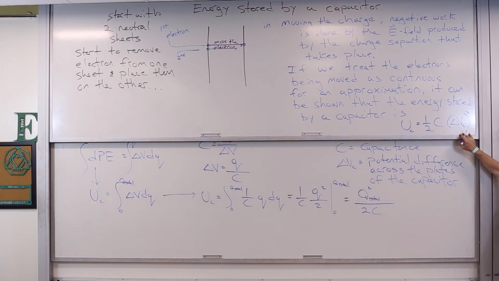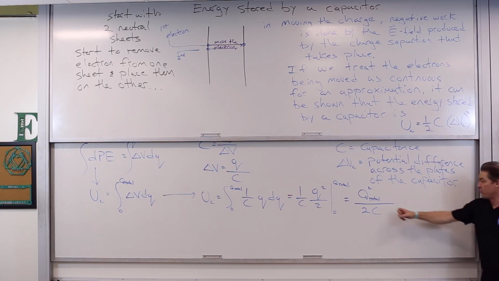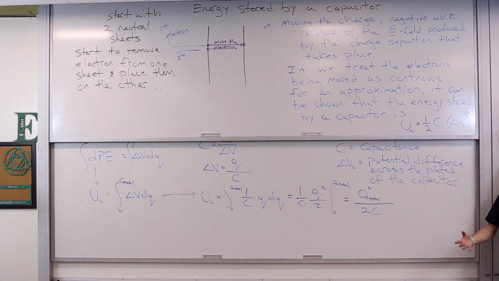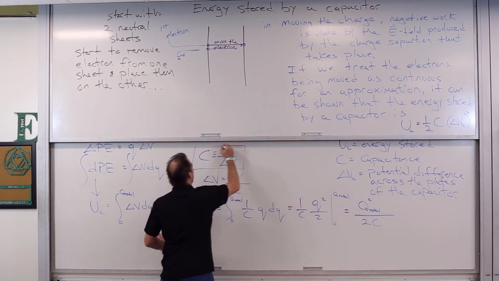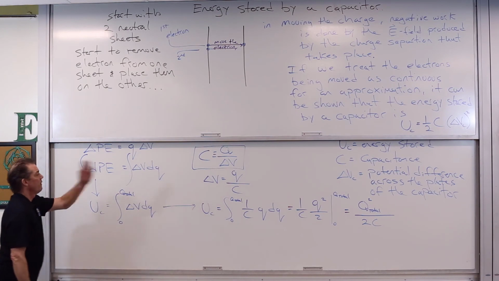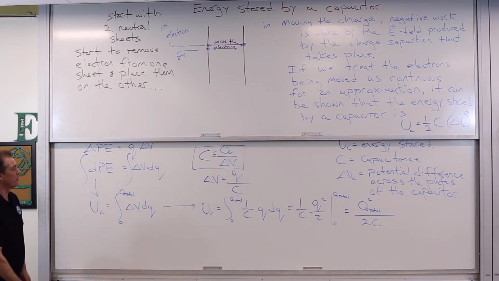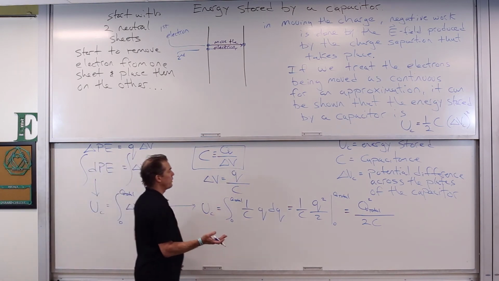Well, this is a nice form of the expression. I prefer writing it out in that form, but there are actually 3 different ways that we could write it out. Here's one, here's another, and there's actually another. You say, how are you going to write that out 3 different ways? It all comes down to this right here. There is how the capacitance, the charge separated, and the potential difference across the plates are all correlated with one another.